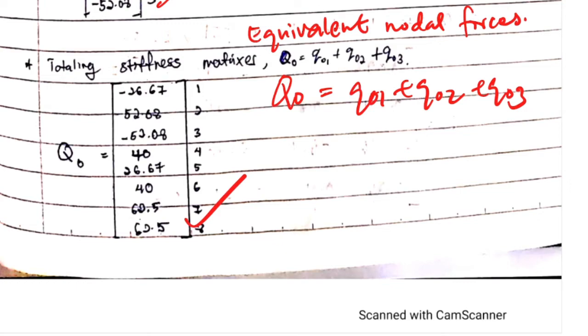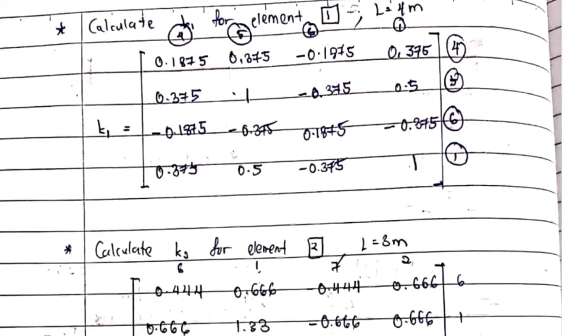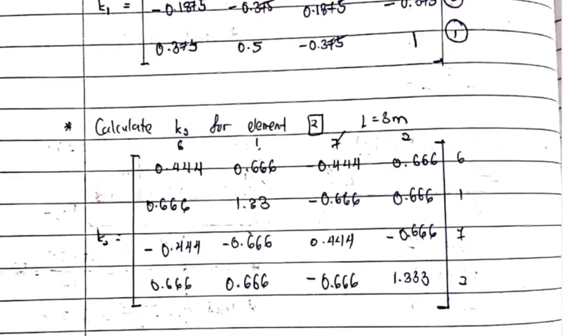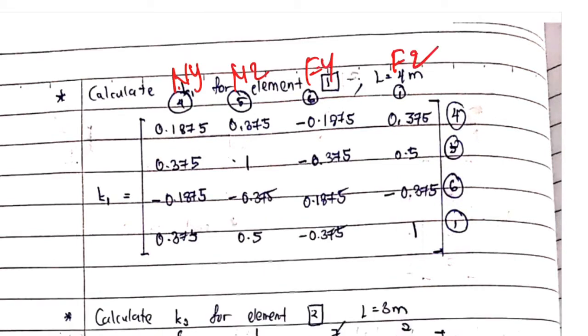Okay, so let's move to this calculation. This is all K1, K2 and K3. Remember this symbol, this label near, far, and this label is actually the same with the label for equivalent element nodal forces.